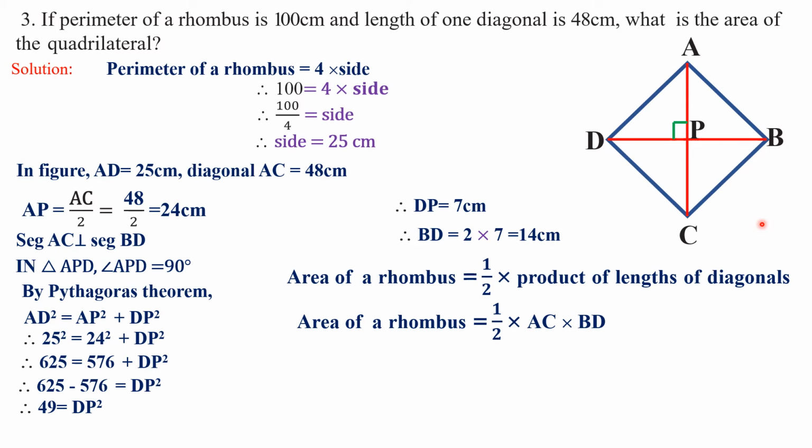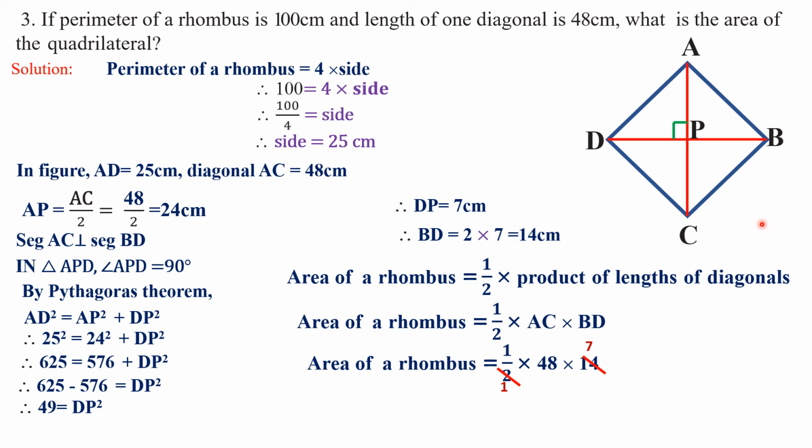AC is 48. As it is, we write down the left hand side is equal to 1 upon 2 into 48 into 14. 2 ones are 2 and 2 sevens are 14. Now we multiply 48 by 7.